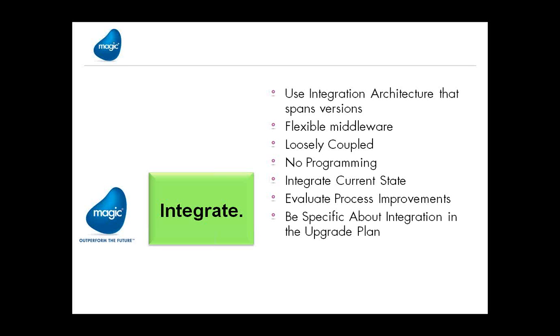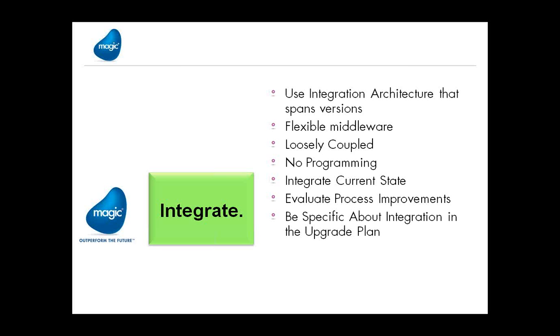It's utilizing the other approaches to integration from third parties that are standardized and optimized for loose coupling. You don't want to have programming or coding involved, hard coding involved in your integration. You want to integrate the current state now so that as you upgrade, the future state will just keep right on working as we've described.